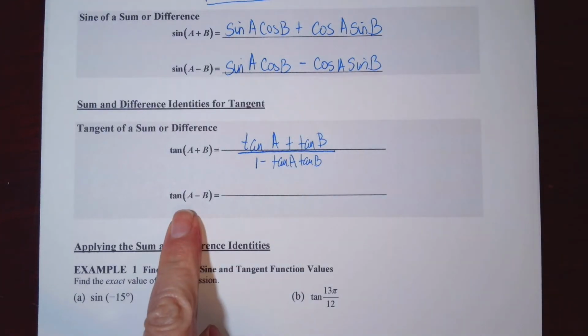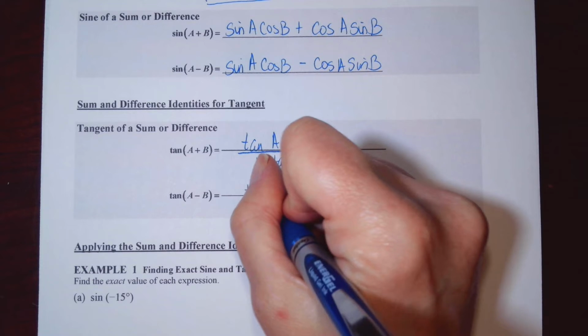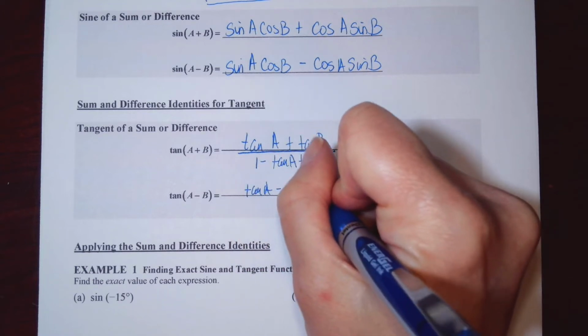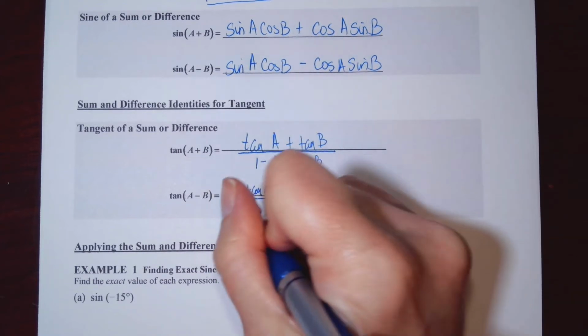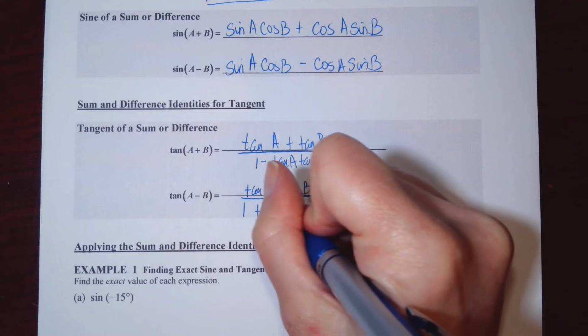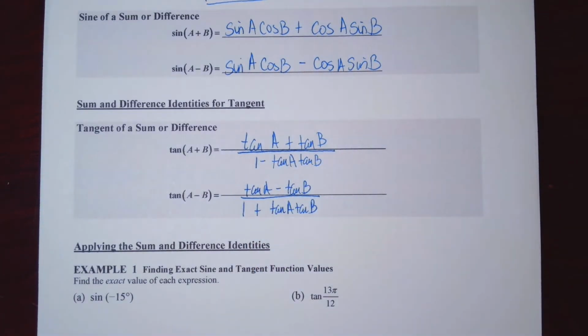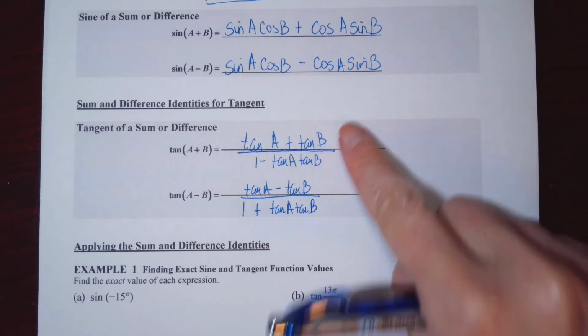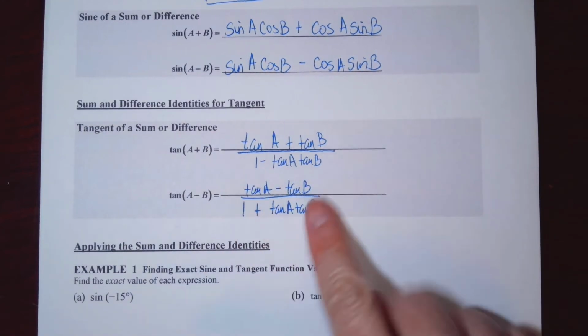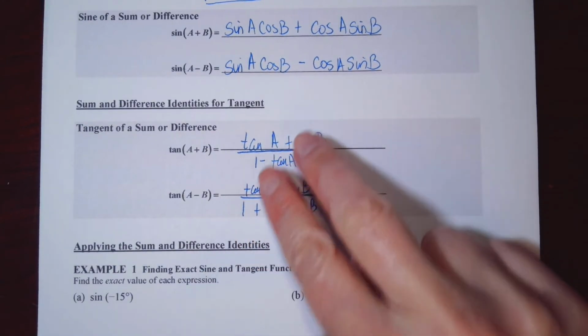Tangent difference has the difference of the tangents of the two angles in the numerator, and then 1 plus the product in the denominator. So my tangent sum and tangent difference are identical except for where those algebraic signs fall.